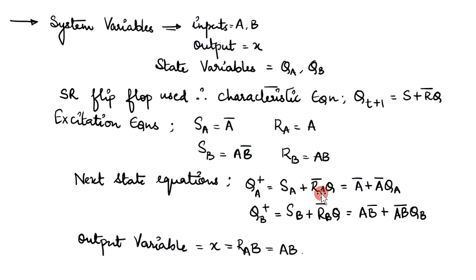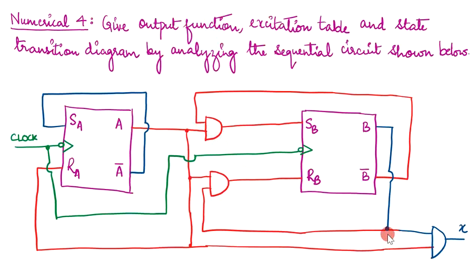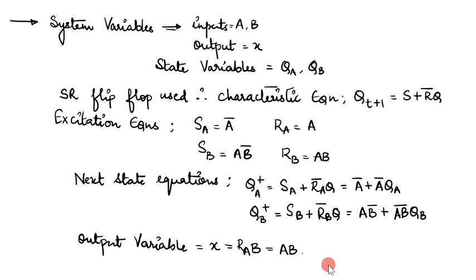S plus R bar Q will be equal to, what is SA? Substitute. What is RA? Substitute. What is SB? Substitute. What is RB? Substitute. And this is what you get. Output variable X will be equal to B into A. So X is equal to RA into B, that is equal to A into B.